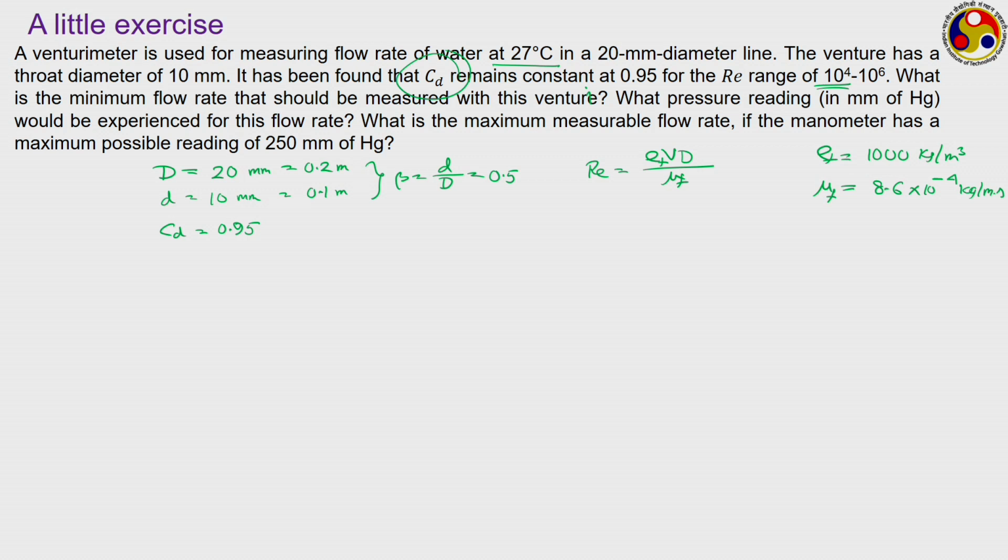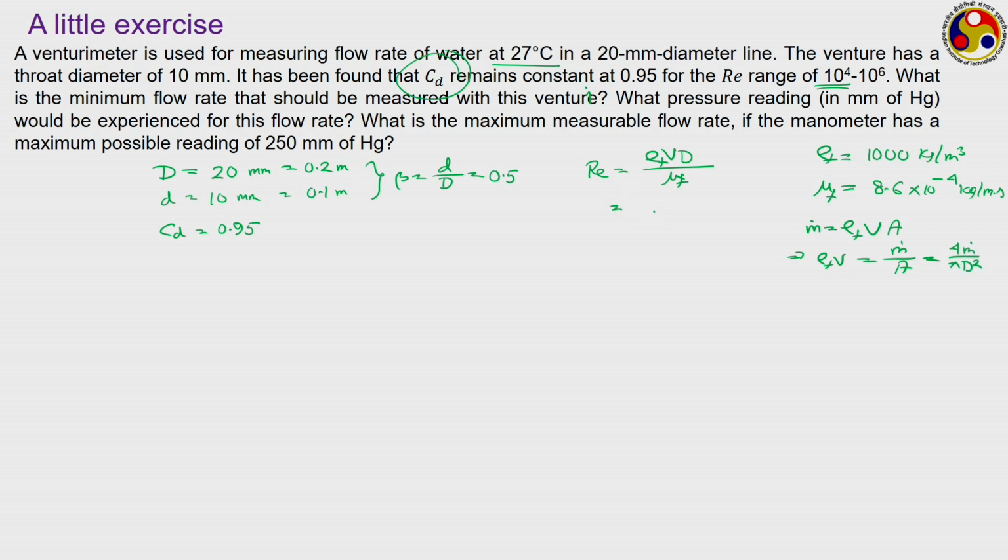Then how can we relate velocity with mass flow rate? We know that mass flow rate is equal to rho f into V into the flow area, that is rho f into V is m dot by area, that is 4 m dot by pi d square.